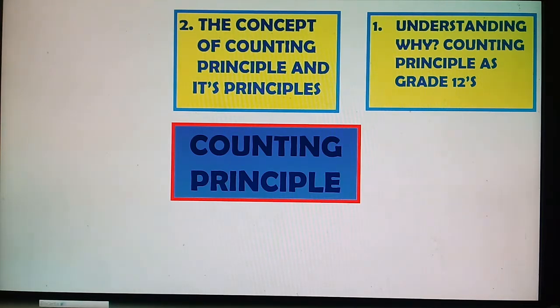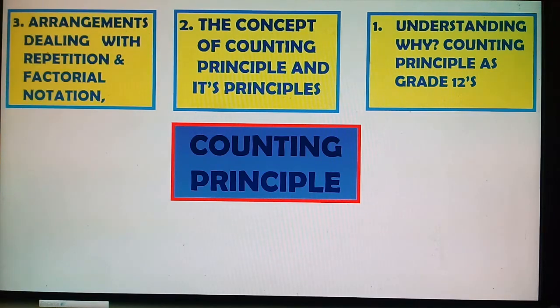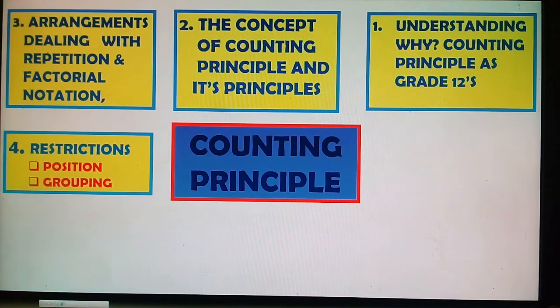The third one, we are going to arrange objects, dealing with repetition and with factorial notation. And then we are going to have restrictions, where we restrict positions or restrict by grouping.